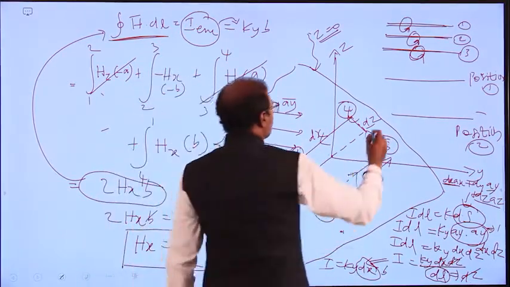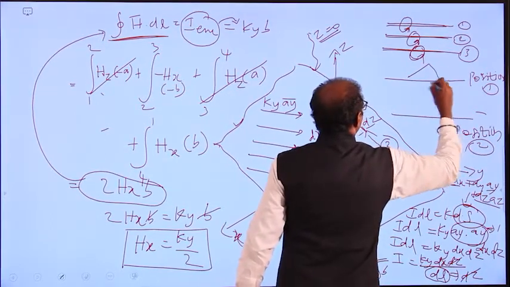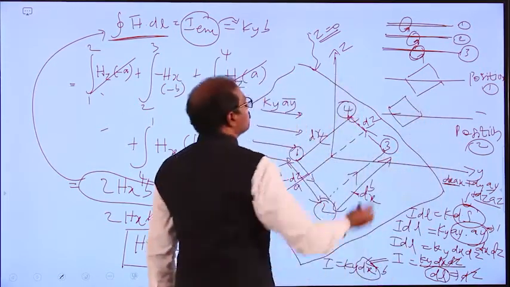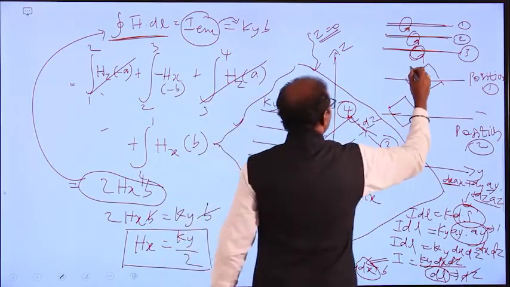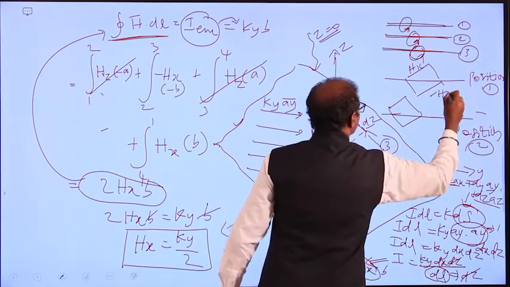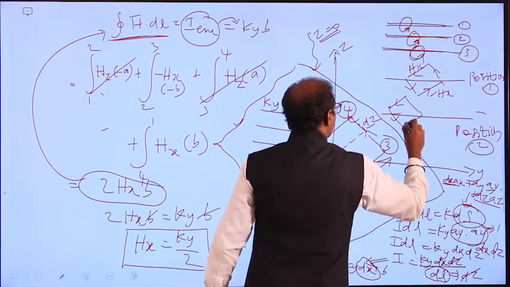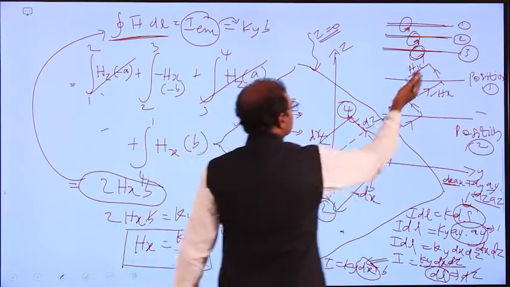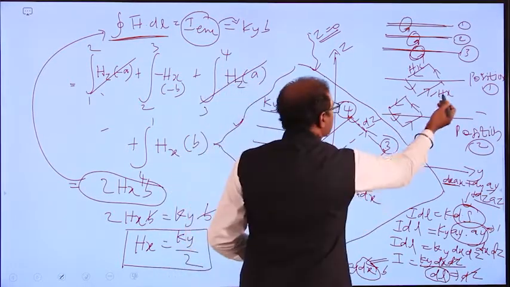So you take position 1, this is called plus, and position 2. This is called the path. I told you this direction means Hx, the bottom means minus Hx. This is moving like this, so this direction means x direction, x down, minus Hx.